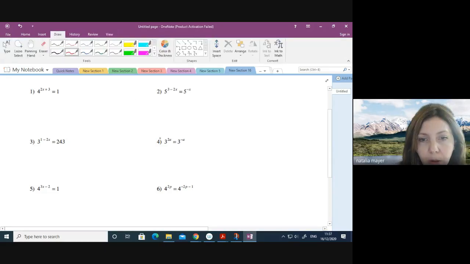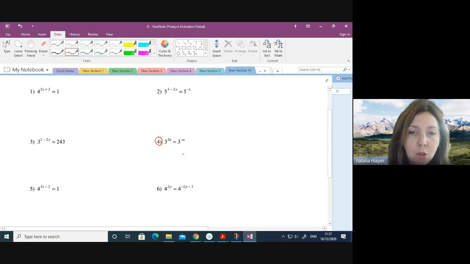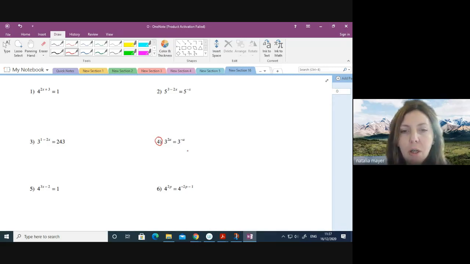Okay, so we are working on this question. We are to solve for the unknown. The unknown is a, in this case, right? So the first thing which we check is that the left side and right side each have a single exponential expression. It's only one here and one here. By single expression, we mean that there is no addition, subtraction, and so on.